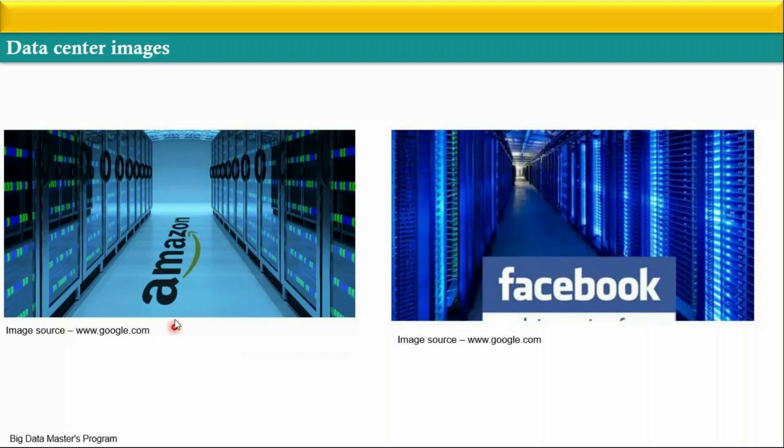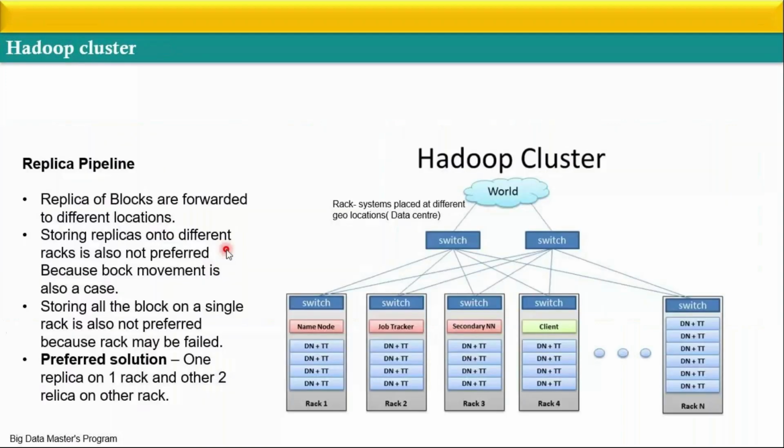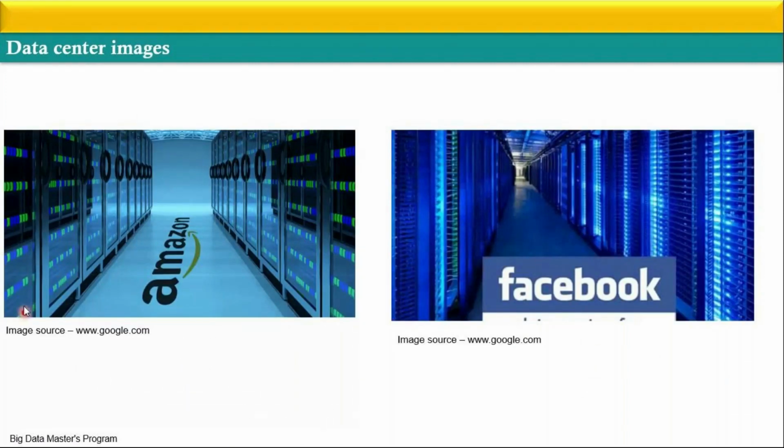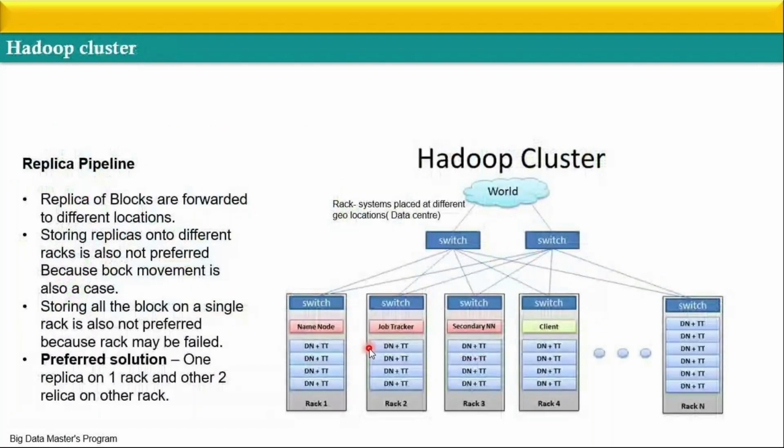This is the data center, but how are the machines maintained? Just have a look over here. What we can see are racks: rack 1, 2, 3, 4. And this is how we maintain data nodes. This is the diagram for, say, a Hadoop cluster, and in this cluster we have different racks.